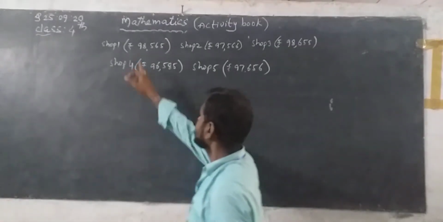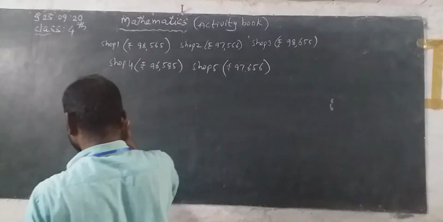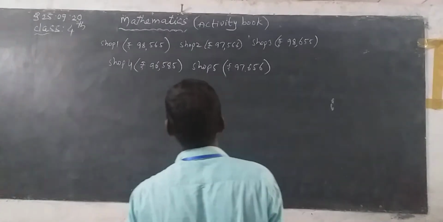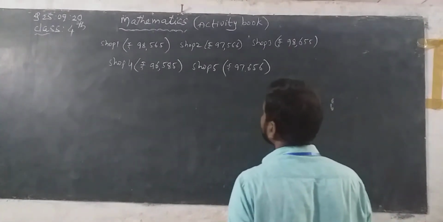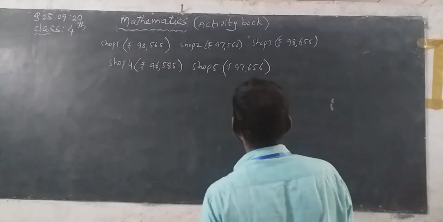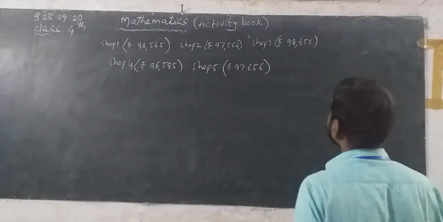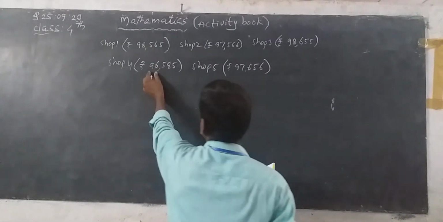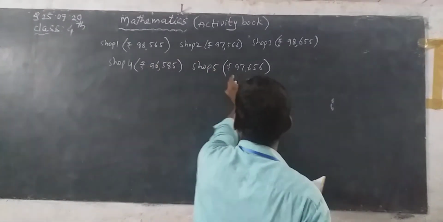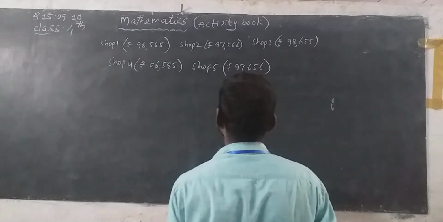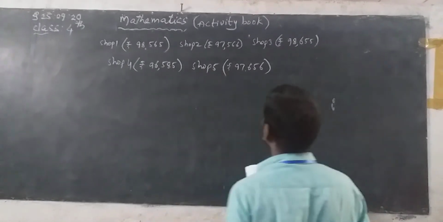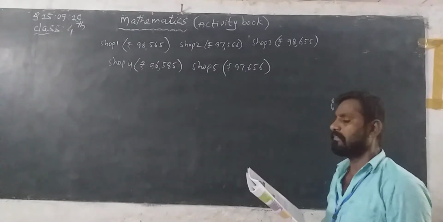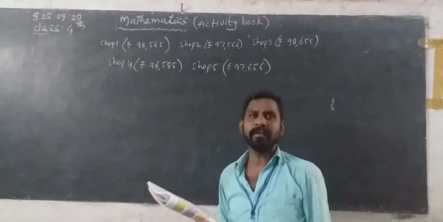See here, shop 1: 98,565 rupees. Shop 2: 97,566 rupees. Shop 3: 98,655. Shop 4: 96,585. Shop 5: 97,656 rupees. So these are collected in a week.